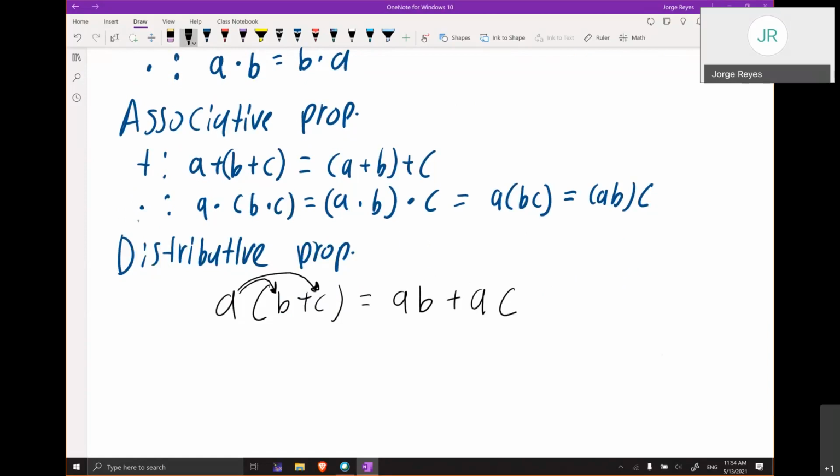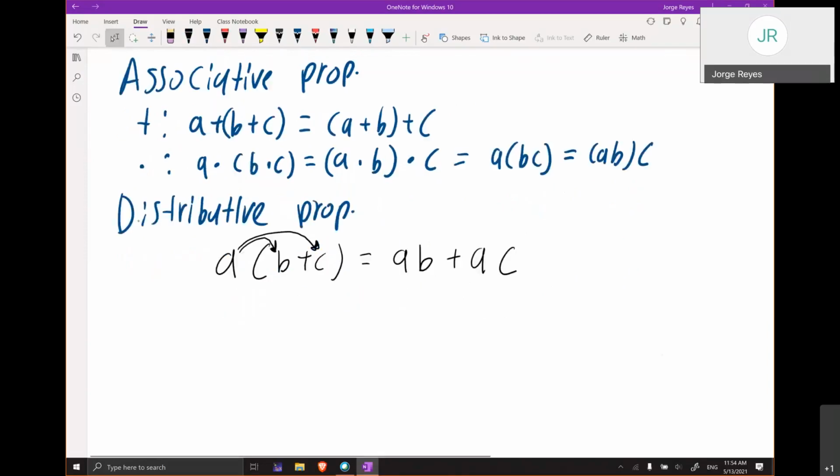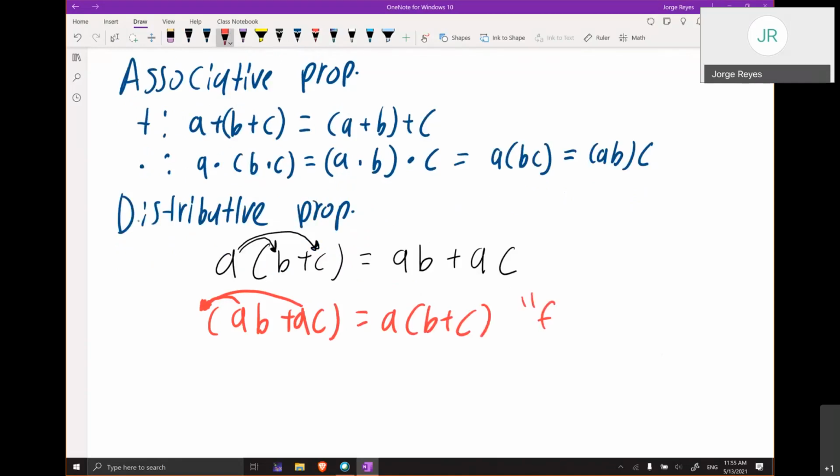And then the opposite: if I have this and I pull out the A, because equal signs work both ways, and get A times (B plus C), this is what we call factoring. So factoring and the distributive property are basically the exact same thing, just the other side of the equation.